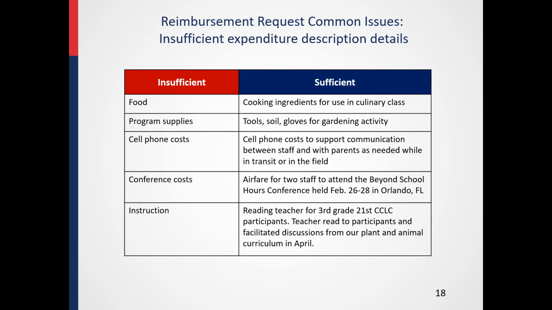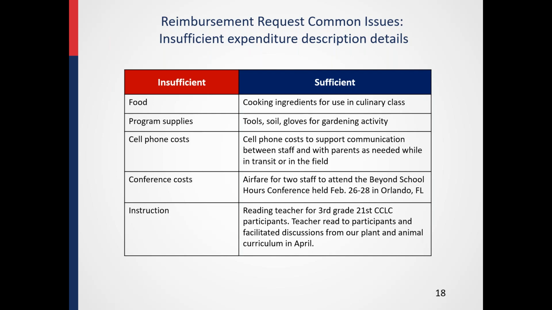For instance, just putting "food" as the full description in a line item is insufficient. What would be better would be something like "cooking ingredients to use in culinary class." That's saying what the food was purchased for: it was specifically to execute the program.